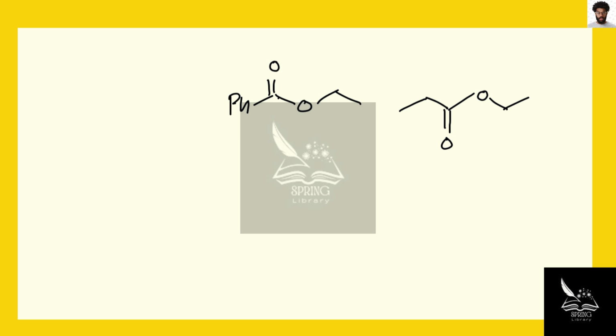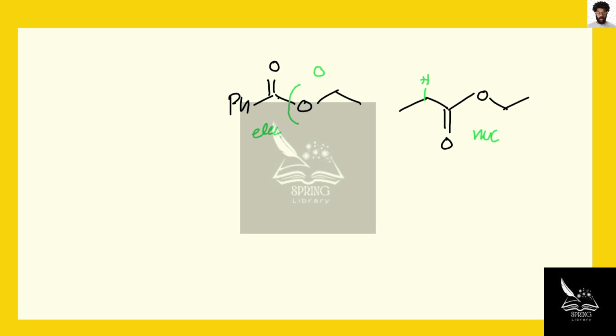So basically, note that only one of these esters has an enolizable proton, right? So this is going to be our sort of nucleophilic ester, and the other is going to be our electrophilic. And the nucleophilic is going to attack the electrophilic, and what's going to happen is it's going to lose its ester, or I guess we would say it's going to lose ethoxide, right?